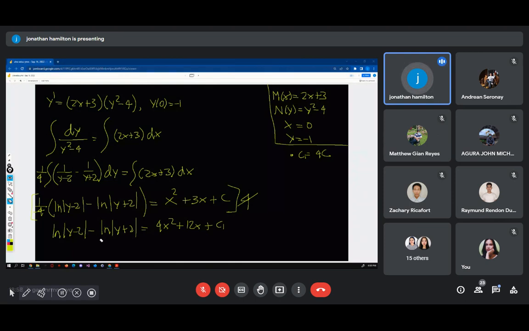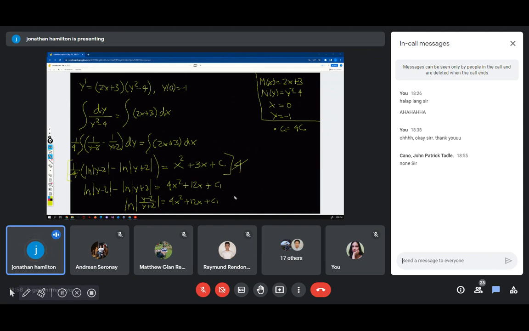If we remember the identity, for ln minus ln, we can turn this into ln absolute value of y minus 2 over y plus 2 equal to 4x squared plus 12x plus c1. So remember that if we subtract ln's, you can combine the variables inside by dividing, and if you add ln's, you multiply the two values inside.